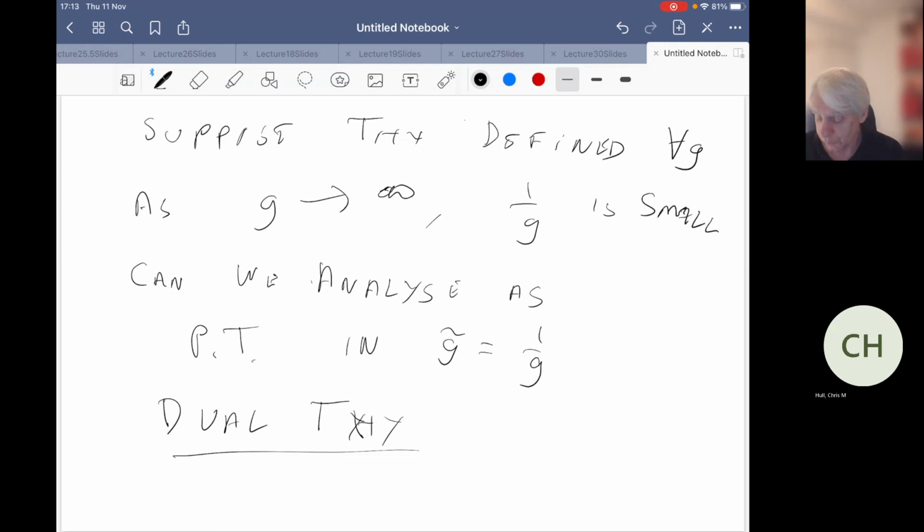One of the issues, of course, is that the original theory is only defined for small g, and to try and understand what happens for large g, and to compare it with the perturbation theory in G tilde, is a problem, because we don't even know what the theory is defined as for large g. So we don't even know what the degrees of freedom are, and so it's not obvious how we would compare that.